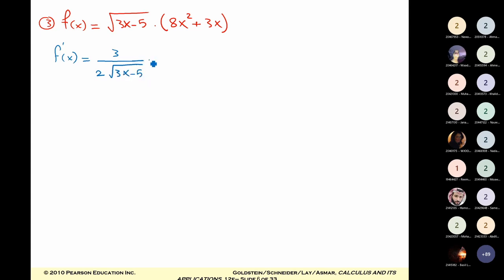Okay, multiply by the second, plus, now keep the first fixed, 3x minus 5 inside the root, multiply by the derivative of the second, 16x plus 3. Okay, any question?